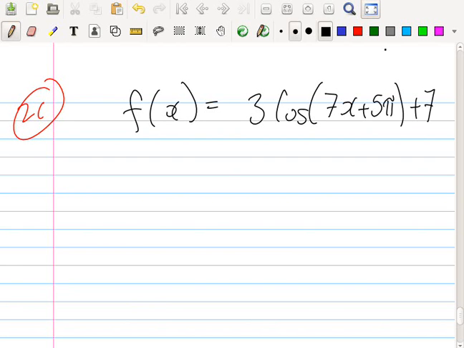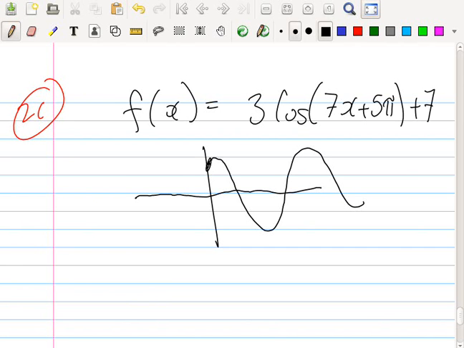It's going to be many to 1. Cosine, do we start at the top, the middle, or the bottom? The top. And then what happens? It goes down like this, and then remember cosine will be an even function, so it's the same on the other side.